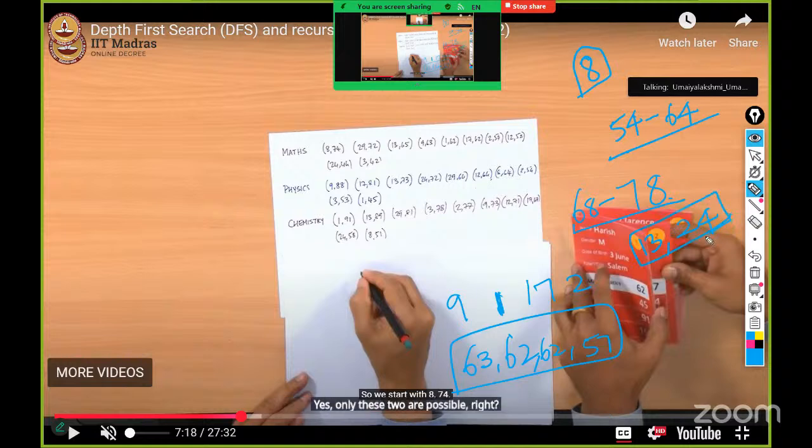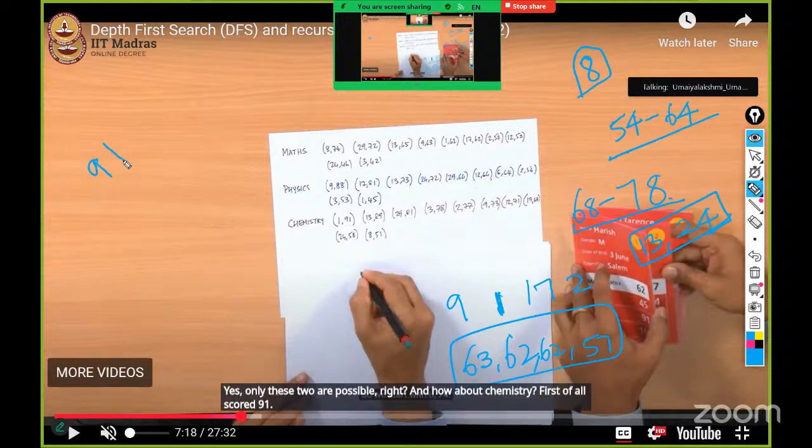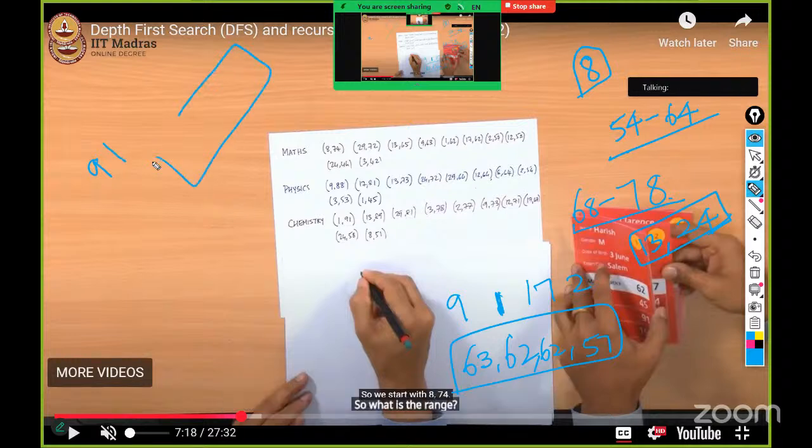And how about chemistry? The person who has scored 91. So what is the range? 71 to 81. Yes, 71 to 81. So how many people will be in this range?